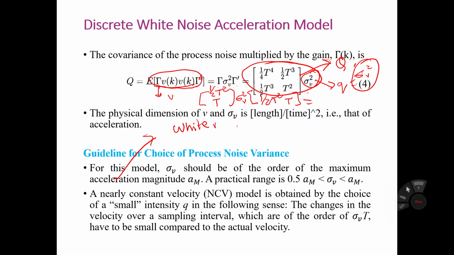This is the acceleration of the white noise samples between each sampling period t, and it should be of the order of the maximum acceleration magnitude am.